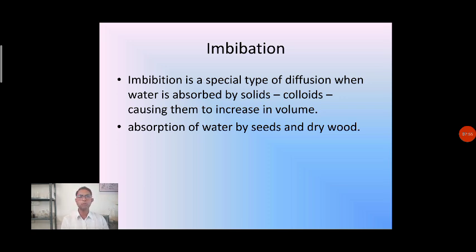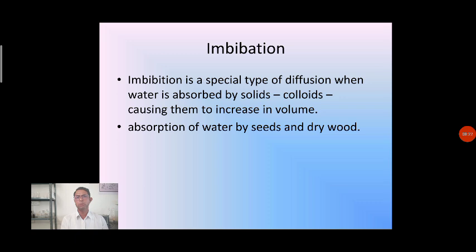Now the next terminology which is generally used in plant physiology is imbibition. Imbibition is a special type of diffusion when water is absorbed by solids that we call colloids, causing them to increase in their volume. For example, absorption of water by seed and dry wood.